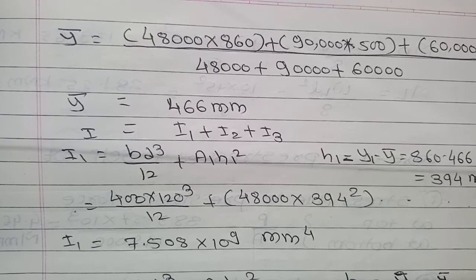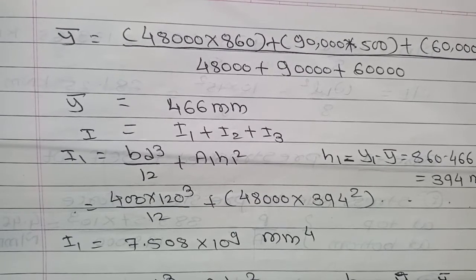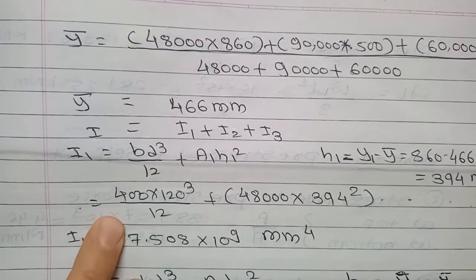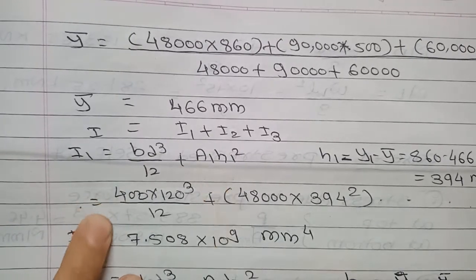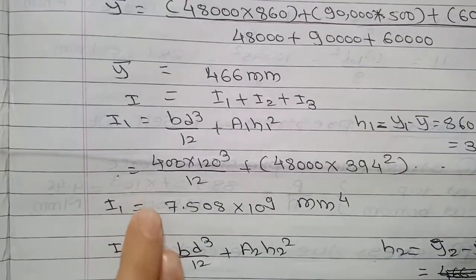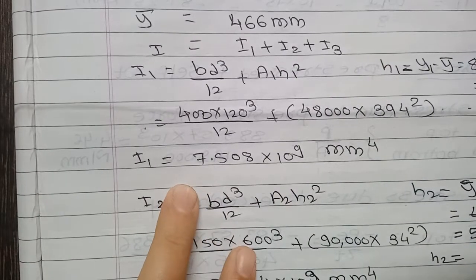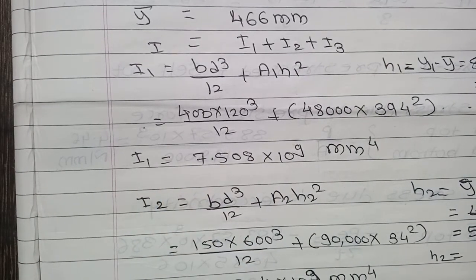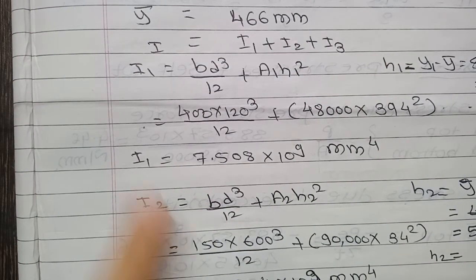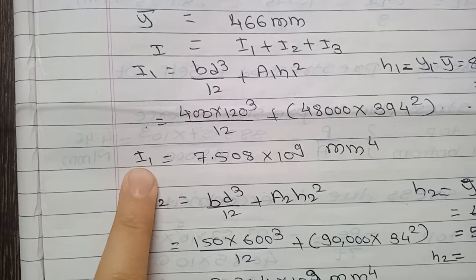Just now we have found Y1 and Y bar. Put these values in, that is 860 minus 466. We get H1, that is 394 mm. Put this value in this equation and calculate I1. We get I1, that is 7.508 into 10 raised to power 9 mm raised to 4. It is the moment of inertia for the top flange.